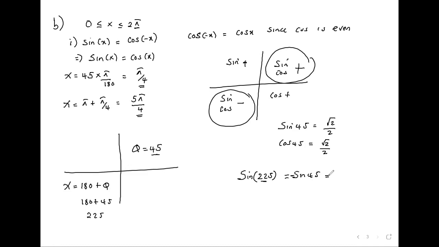Negative, so we get negative root 2 over 2. If you have cos 225, that will again be negative cos 45. So that's how it makes sense. So we respect the signs of these in each quadrant whenever using a small angle.